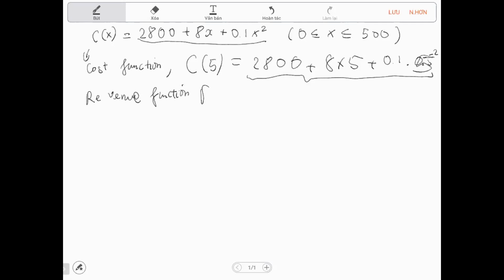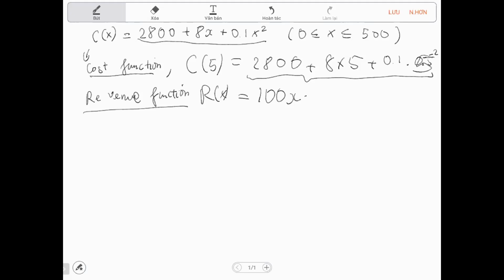We denote it by R(x). It's simply equal to 100 times x. So from here, we have the cost function and the revenue function already. I already answered question A for you. Question A asked you to determine a revenue function for this company.